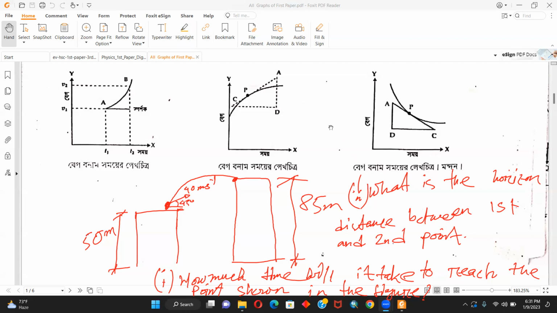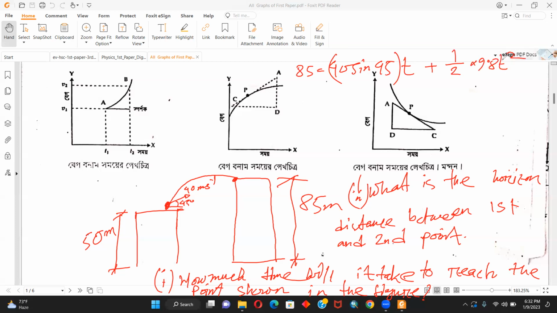Okay, so you've got the equation. 85 is equal to 40 sine 45 times t plus half 9.8 t squared.